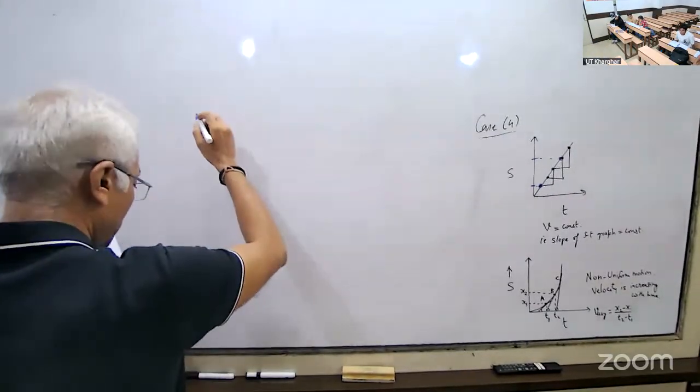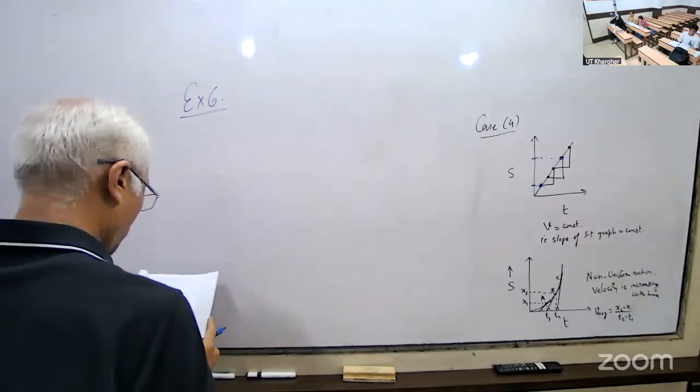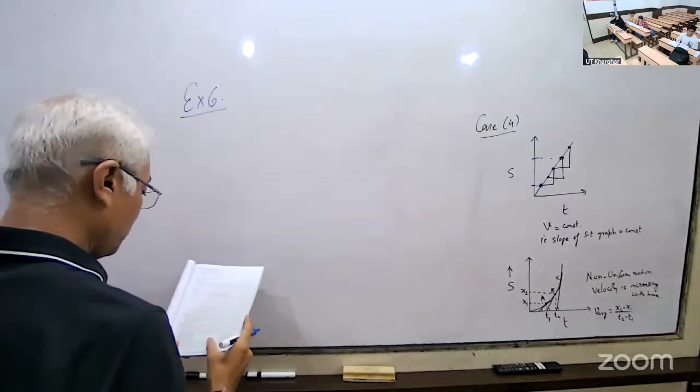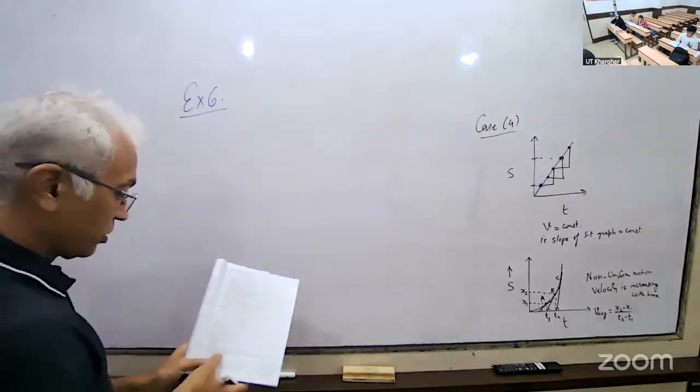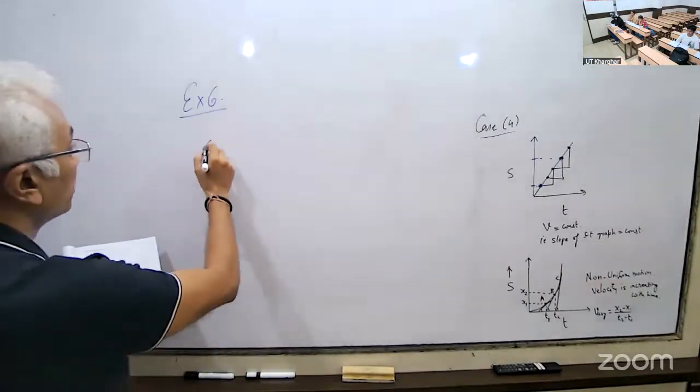Look at example 6. Draw the displacement time graph with its help. You have been given the time values and the displacement values, so immediately draw the graph.